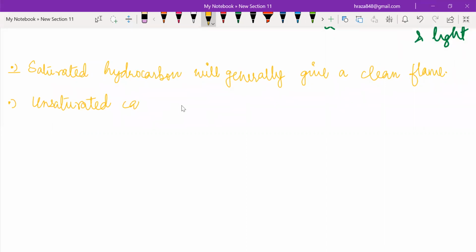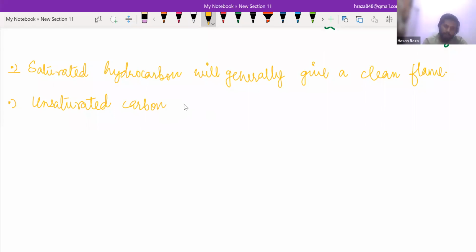Whereas unsaturated hydrocarbons or carbon compounds will give a yellow flame with lots of black smoke.